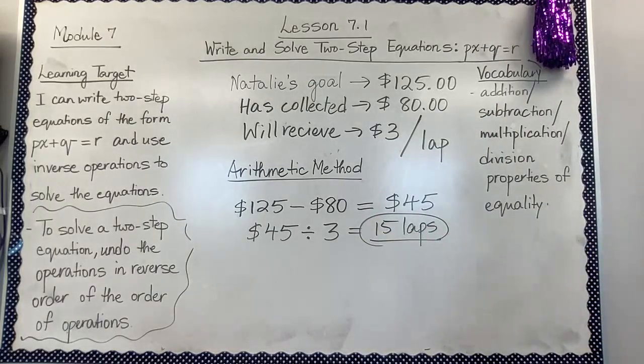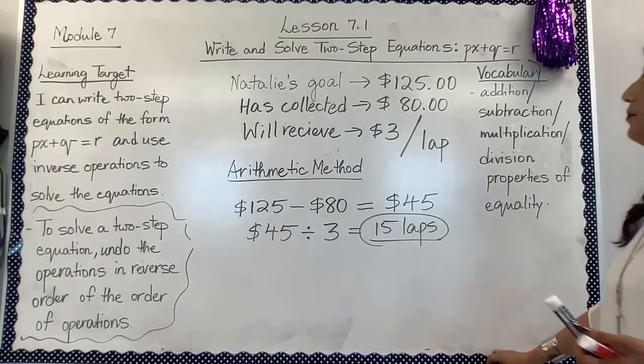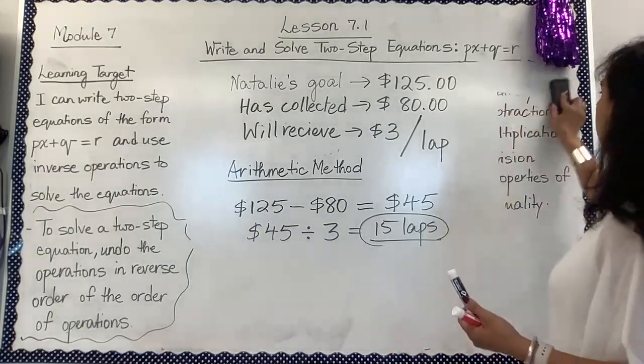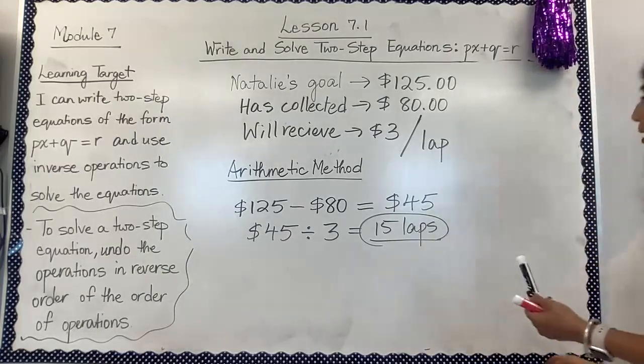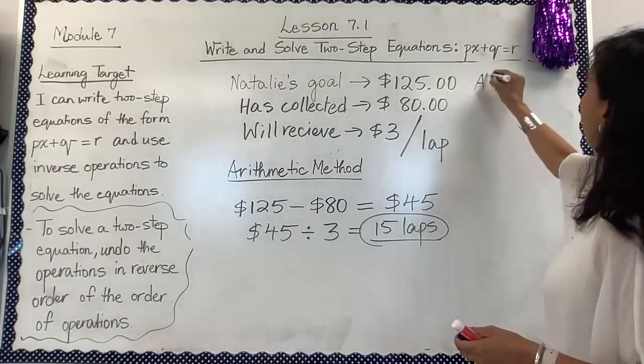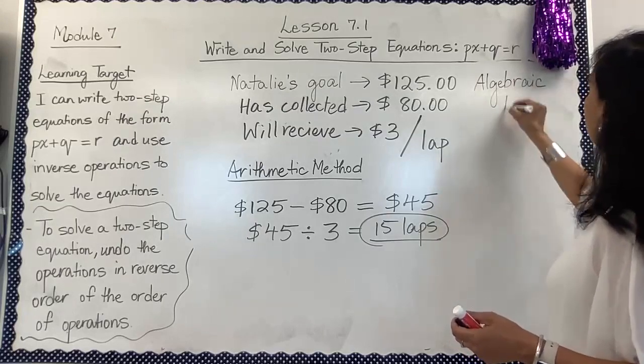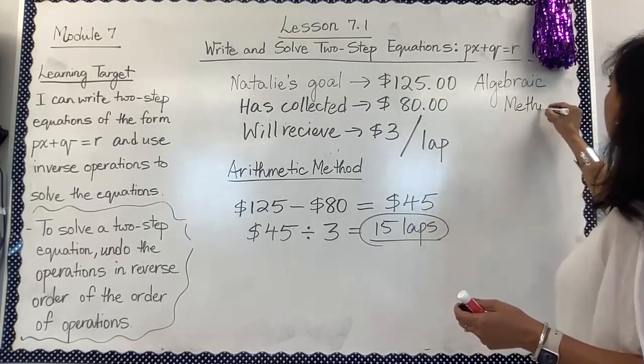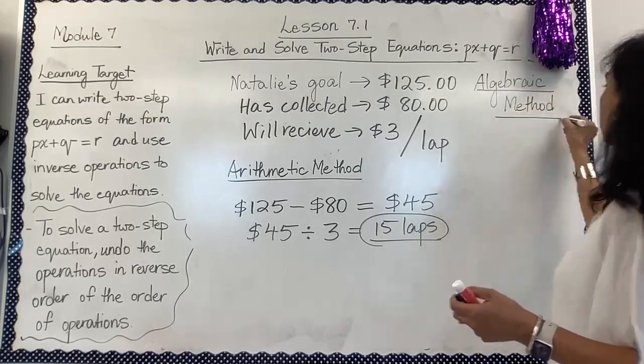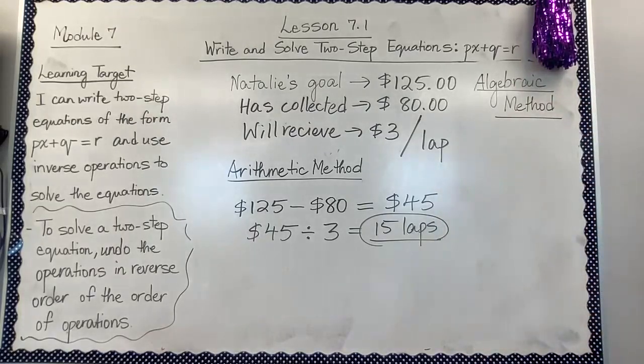Okay. Now for the algebraic method, so I'm just going to erase this part. Okay. And then we have the algebraic method. And in this, we are going to let X represent the number of laps.